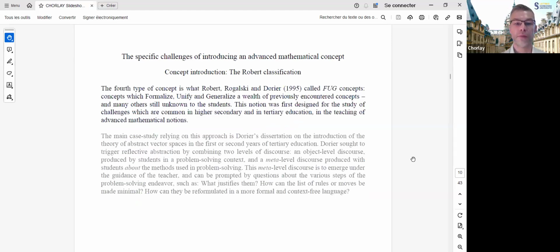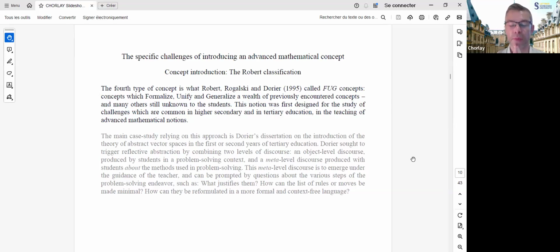Actually, the fourth type of concepts is what Robert, Rogalski, and Dorier called formalizing, unifying, generalizing concepts. So they formalize, unify, and generalize a wealth of previously encountered concepts and many others still unknown to the students. This notion was first designed for the study of challenges which are common in higher education and tertiary education in the teaching of advanced mathematical notions.